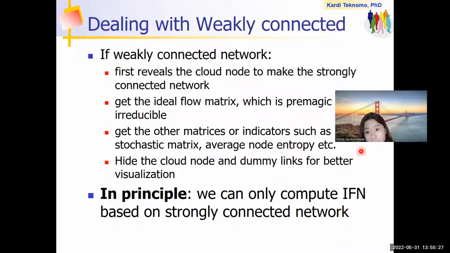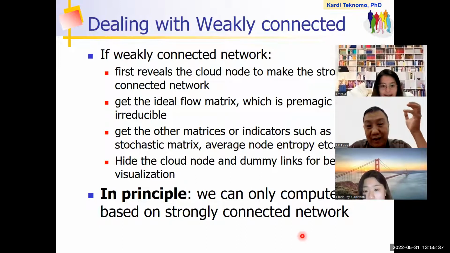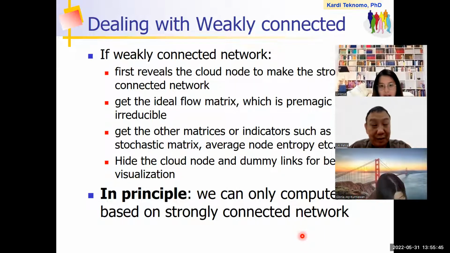I give this lecture to many, and they make the same mistake again and again. What is the mistake? They always forget that the network must be strongly connected. I gave this to the Indian students, for example, and they said, I put it into the program, why error?